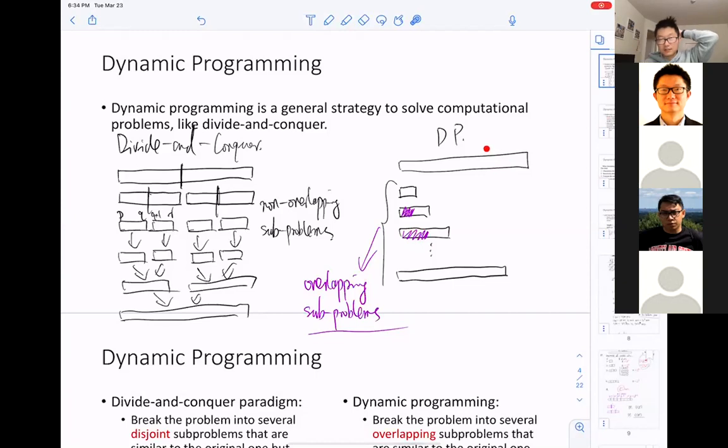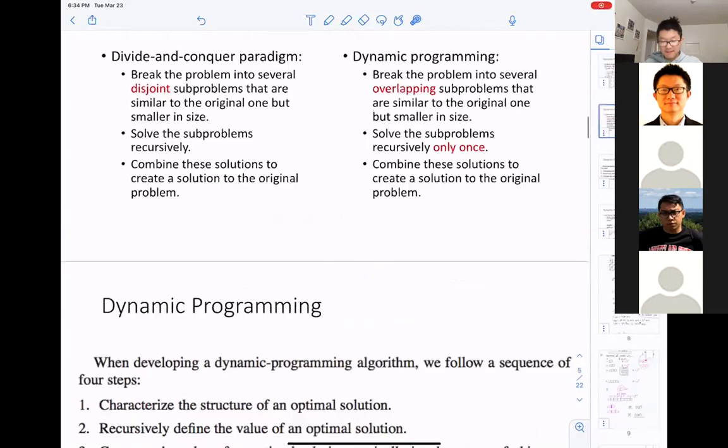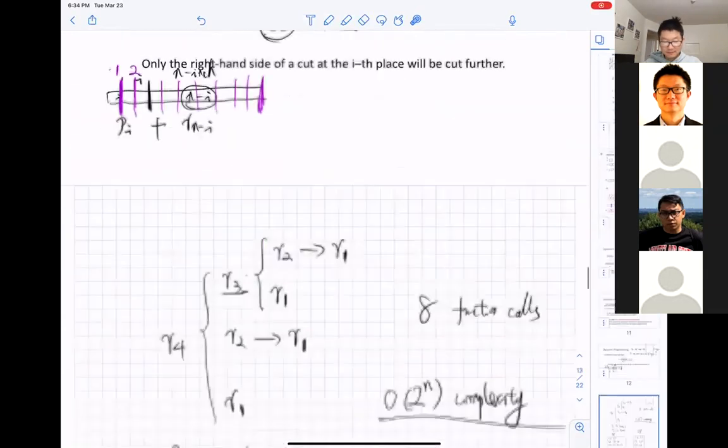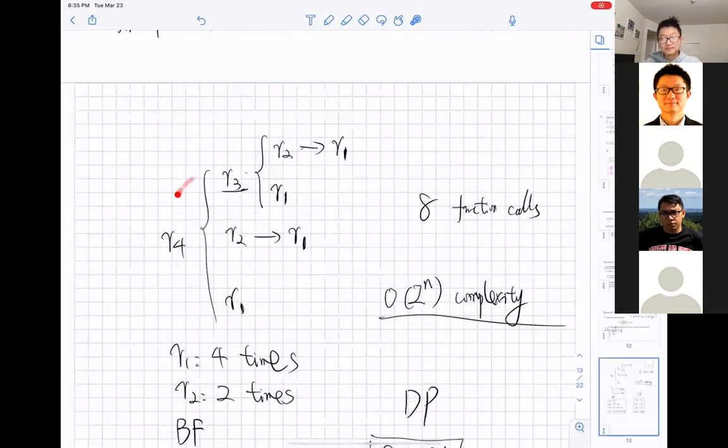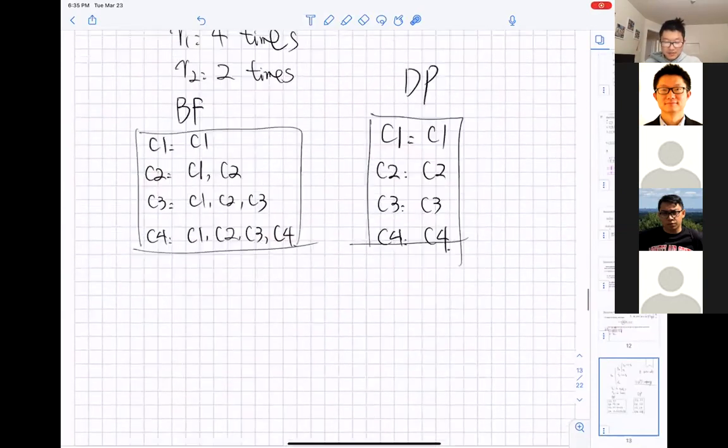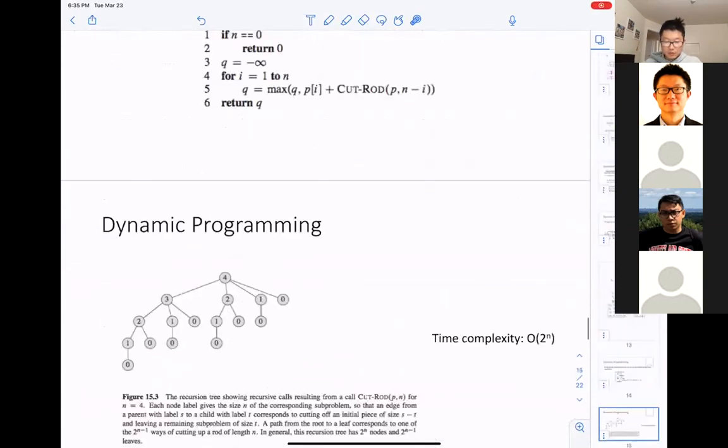To calculate the optimal solution to a rod of length 4, we need to calculate the optimal solution to the rod of length 1, 2, and 3. Make sense? Yes. Okay, so this is what I wanted to discuss so far.